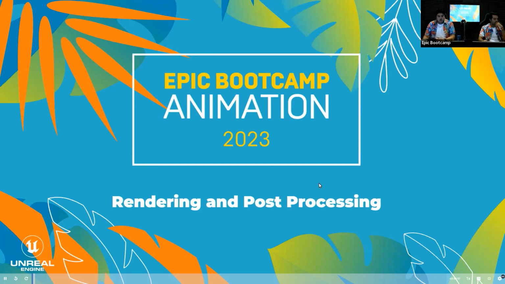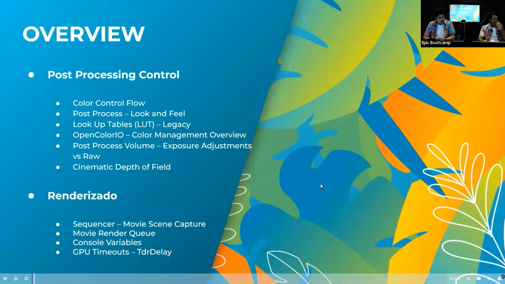Let's take a look at what we will be seeing inside. This class will be separated in two main categories: post-processing and rendering. In the post-processing part, we will take a look at the color flow that Epic recommends we follow. We will talk a little bit about the post-processing volume.